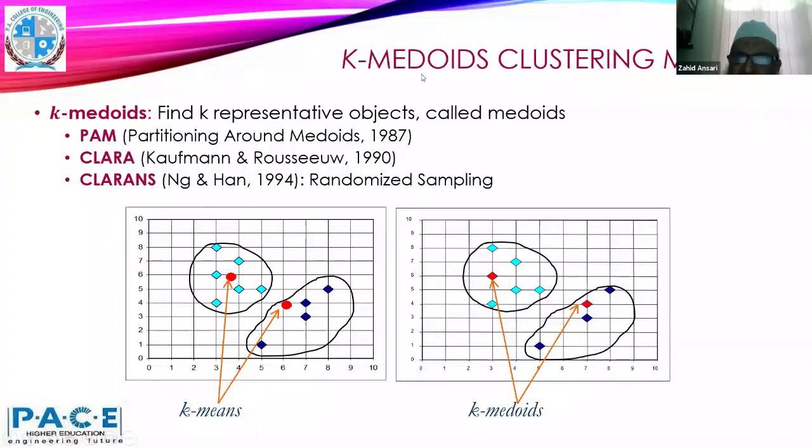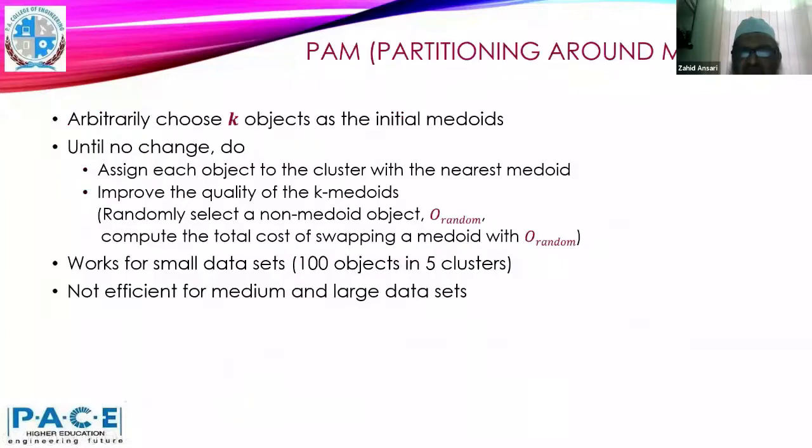The k-medoids algorithm has been implemented by various researchers: PAM, CLARA, and CLARANS. PAM is partitioning around medoids. CLARA is clustering large applications, and CLARANS is the randomized sampling extension of CLARA. So let's work on PAM, partitioning around medoids.